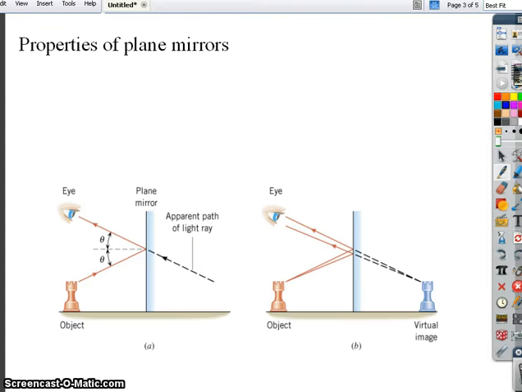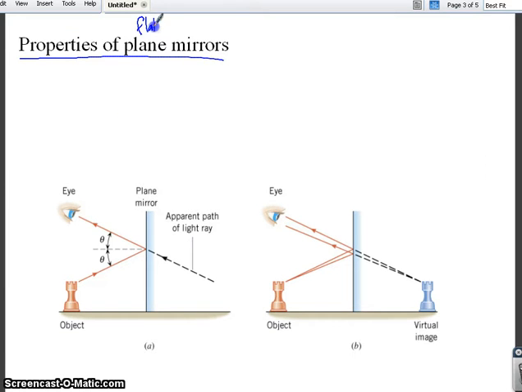Okay, so let's look at a plane mirror, meaning a flat mirror. You can see here we have a flat mirror. When you look into a plane mirror, you see an object that has three properties. Number one, the first property is the image is upright.